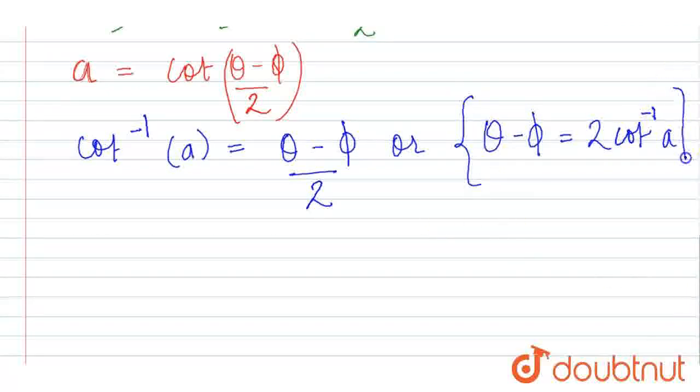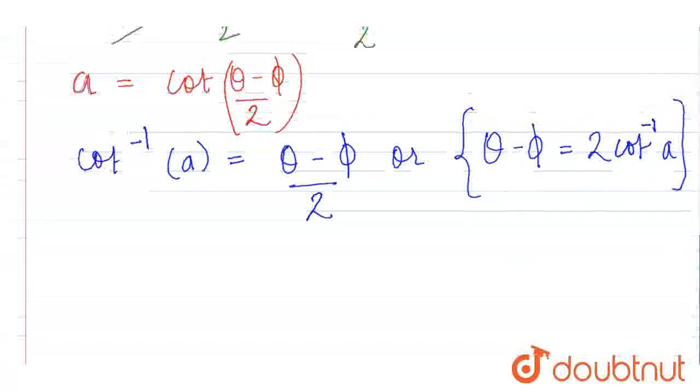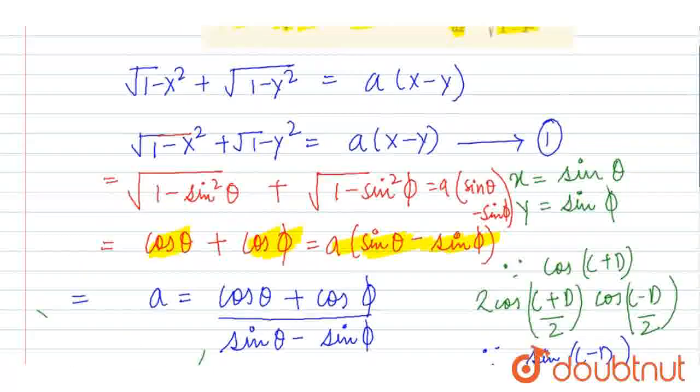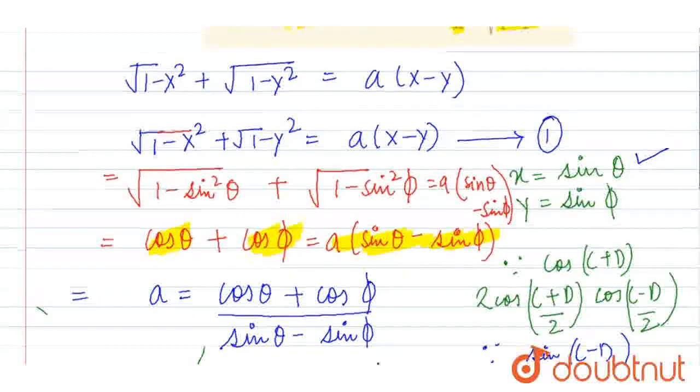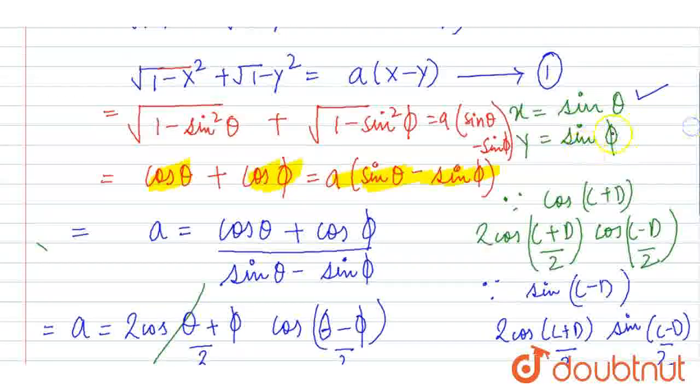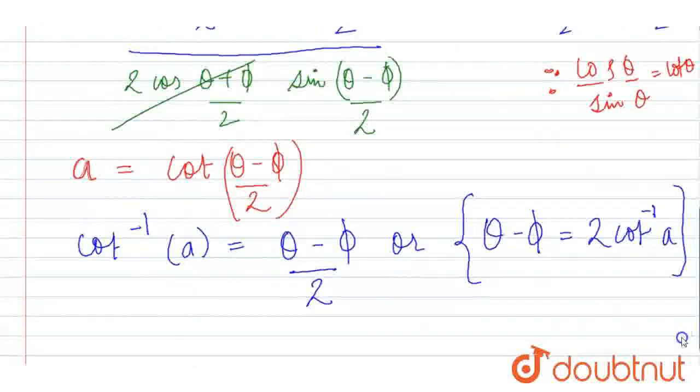Now I have the value of theta and phi from here, right? So I will just put down the value of theta and phi from here.